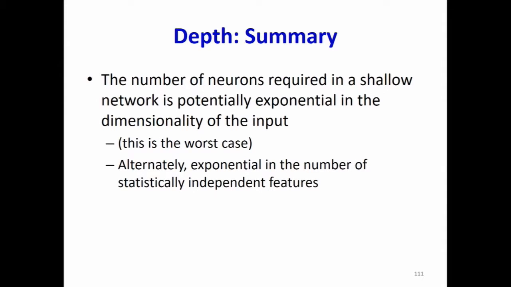And this is the worst case, of course. Alternately, it's exponential in the number of statistically independent features that you've got in your input. That is if you decide that the network is going to be shallow. And by shallow, I mean anytime you fix the depth of the network. It's shallow for a very large class of functions, right?